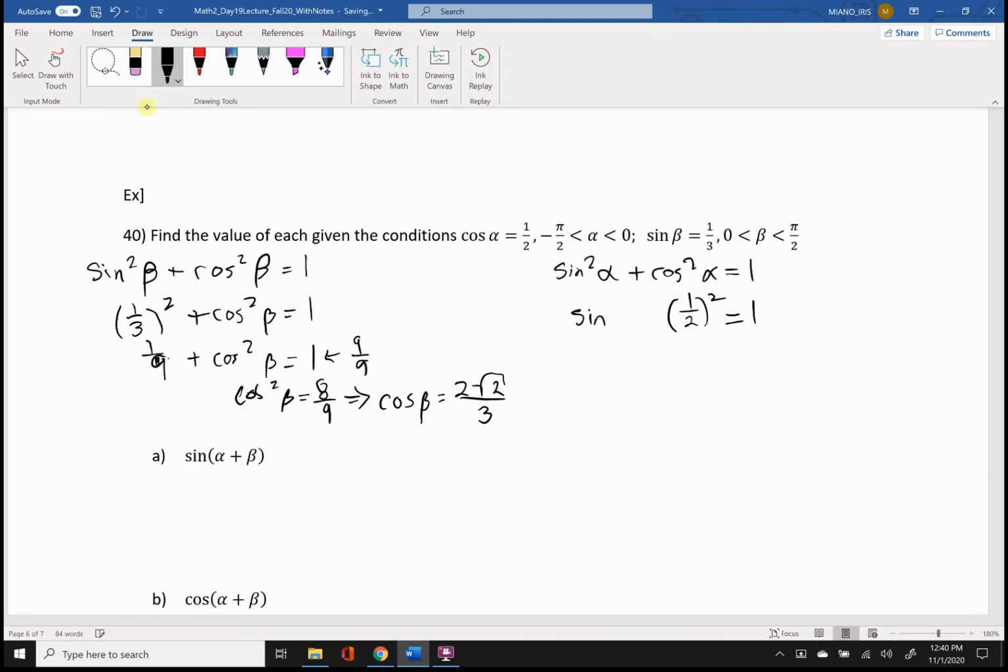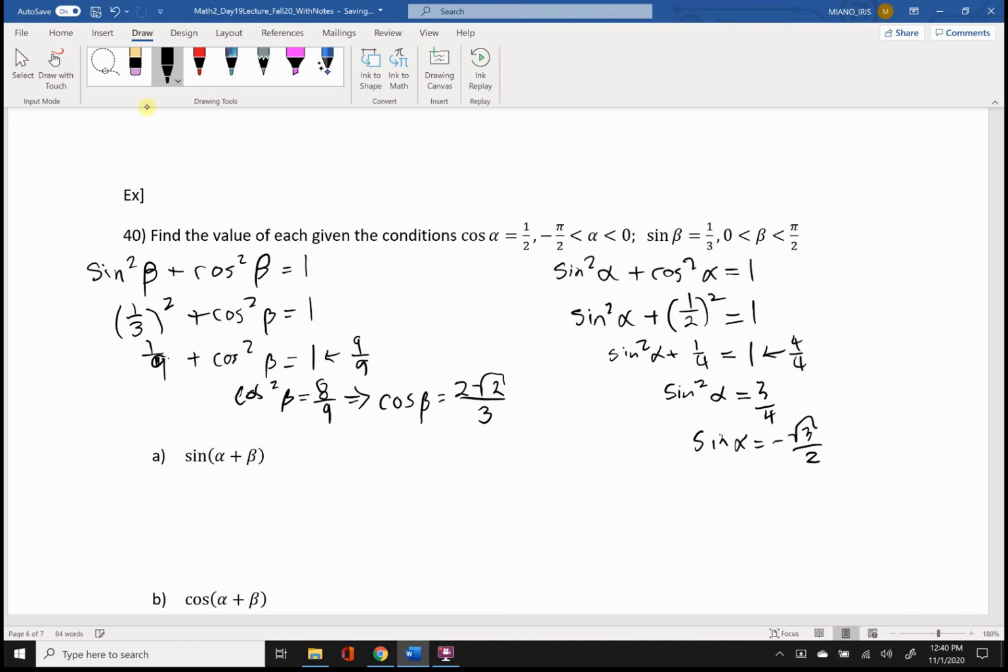And we'll be able to eventually solve for sine alpha. So sine squared alpha plus 1/4 equals 1. And then let that one be a 4 over 4, right? So subtracting this from both sides, we'll get sine squared alpha equals 3/4. And therefore sine alpha will equal negative root 3 over 2.